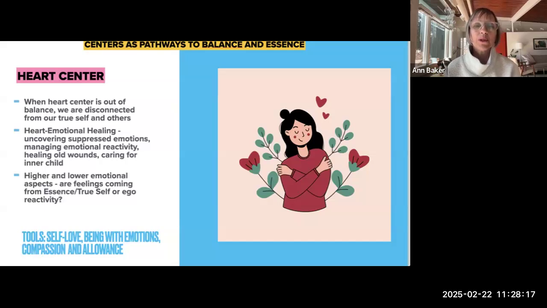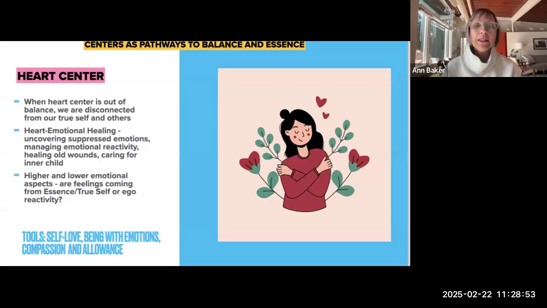So learning more specifically about those vices and virtues, and the tools for this center are really, I can't stress enough, self-compassion and just allowing and being with yourself and your emotions, allowing things to be as they are, and loving compassion for these younger parts of ourselves that really develop these defensive strategies to keep us safe. I mean, how can you not have compassion for that?